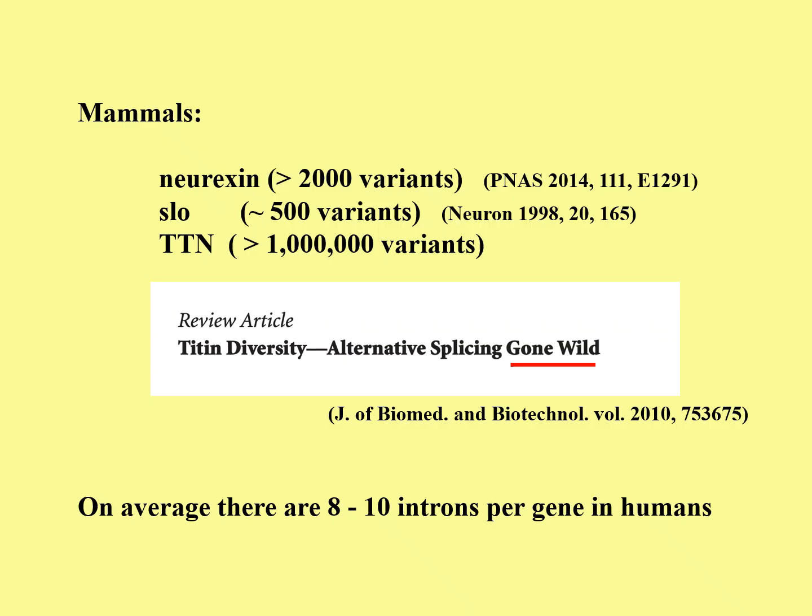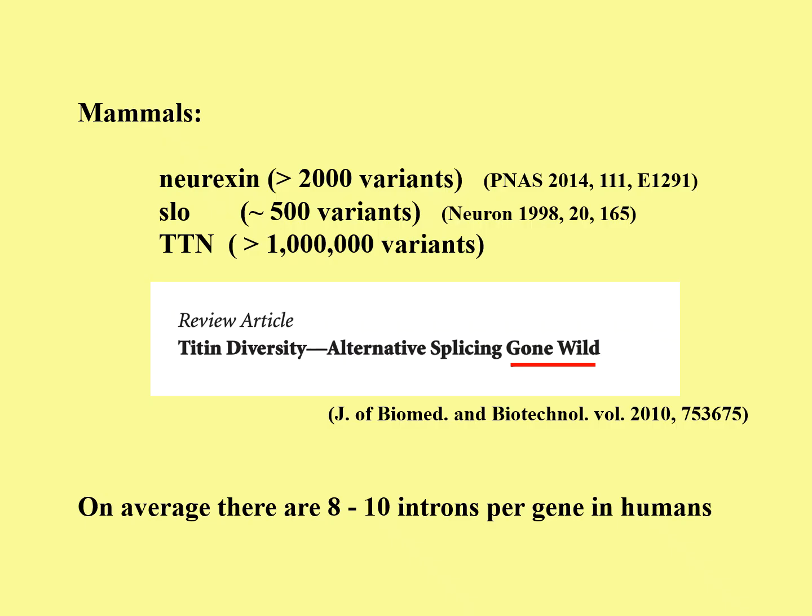In chickens, this gene has over 500 variants. A gene called TTN makes a protein called titin, the largest protein in the body, which is involved with proper functioning of heart and skeletal muscles, and is also present in the embryonic and adult nervous system. It has over 1 million variants.